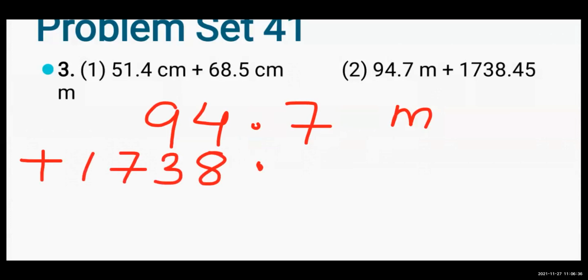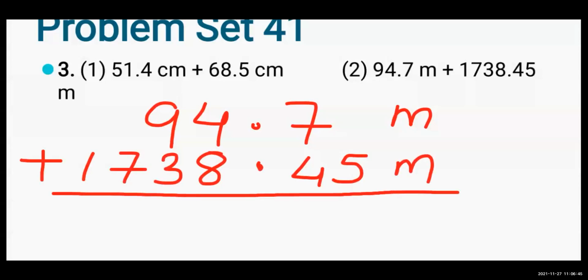And before the point it is given 8, 3, 7, 1. After the point it is given 4, 5, then meter. See, in this way you have to do. Now there are empty spaces, so there I have to put 0, 0. Clear? So we have filled all the space.